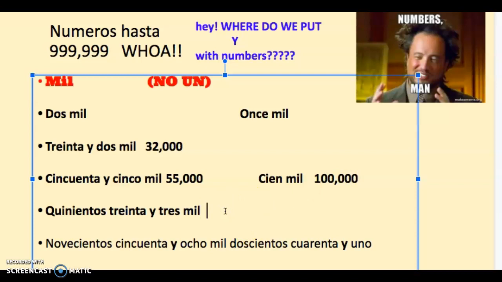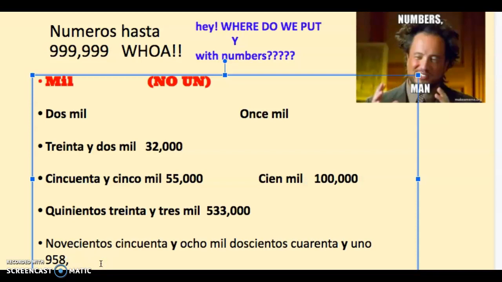533,000. Just walk yourself down. What's 500? 500. What's 33? 33. And then you got that mil, so you know you're in the thousands. 958,241. Here, you're just walking yourself on down the number. 900. Notice how I use my E here because it's a tens and a ones. 958,000.